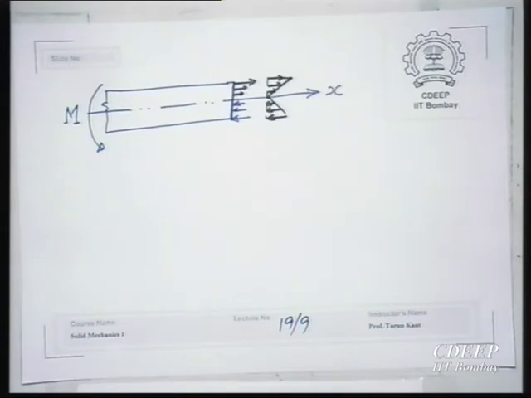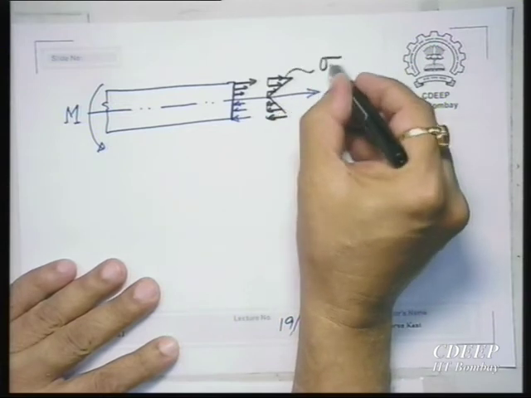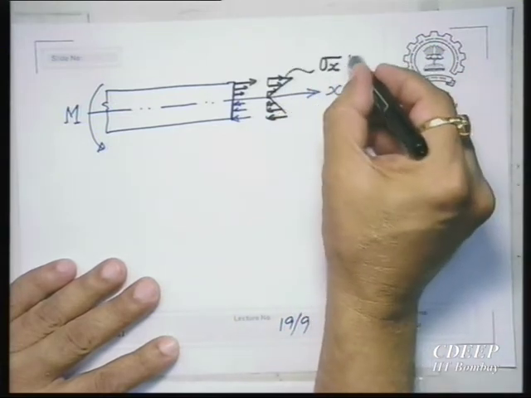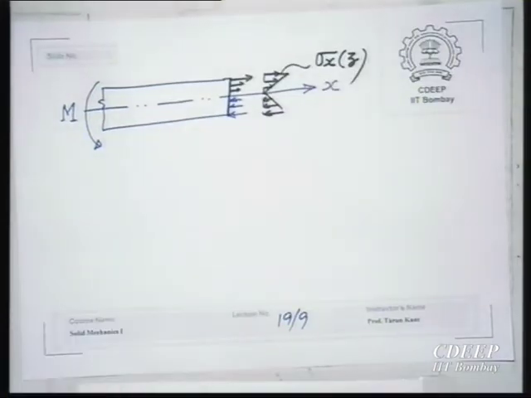Is it okay? So this is the stress sigma x as a function of z variation. This is the variation of sigma x as a function of z.